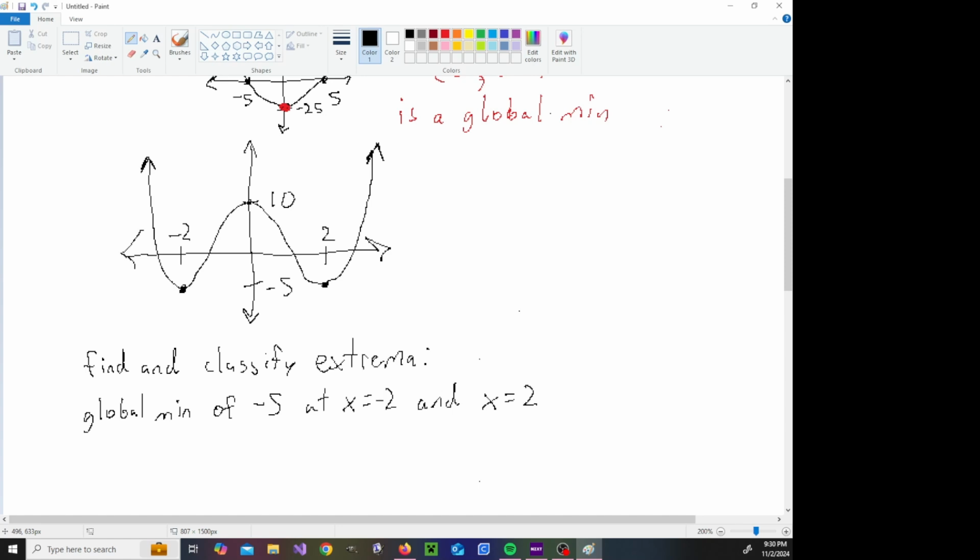Well, now do we have any global maximum? Again, no, we go off to infinity on both sides. Do we have any local extreme values? So maybe a local max or min. Technically speaking, our global minimums are also going to be local minimums, but we don't want to repeat ourselves, right? It's not really useful to say, by the way, these are also local minimum values.